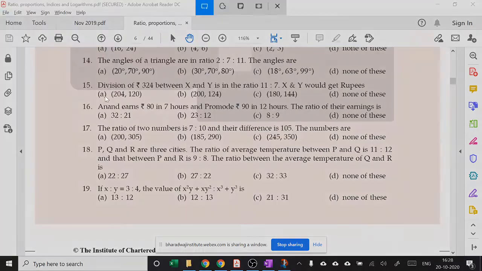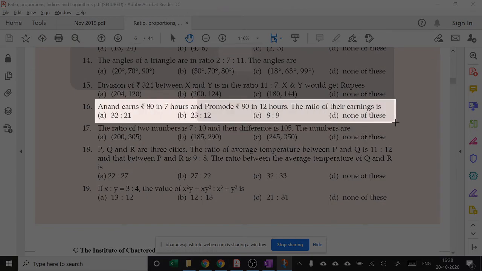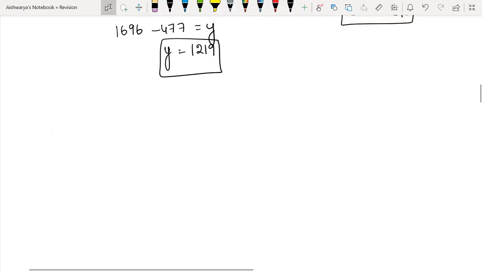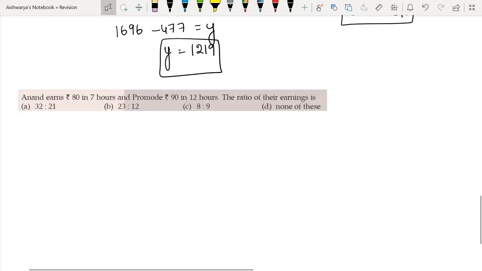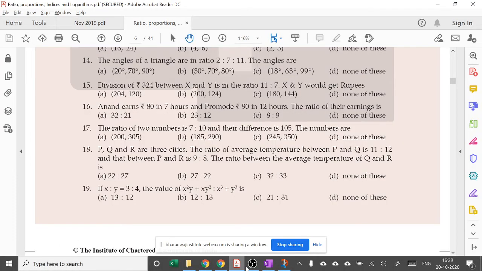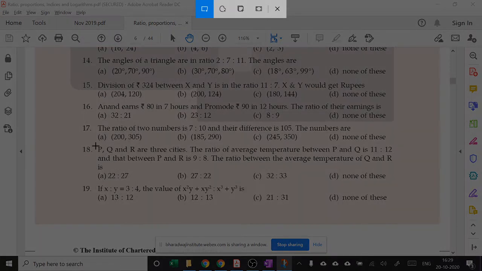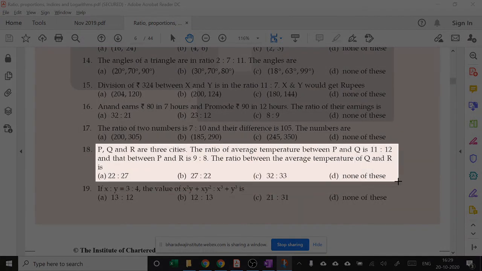Okay, one more question from your textbook on ratio. We'll do this question. Then one more question that I want to do is, yeah, a typical exam question.